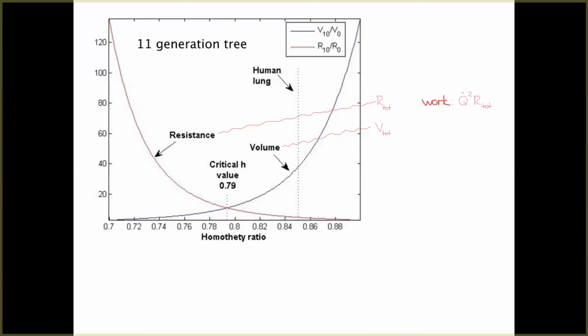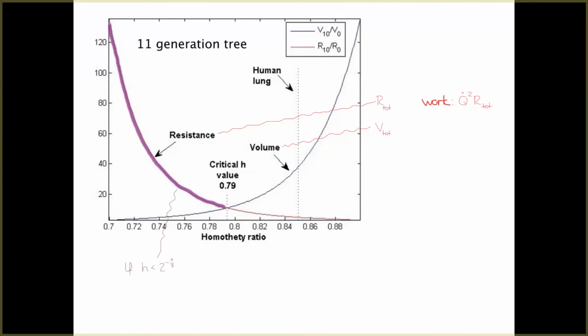Okay, so the work, just to repeat, or actually the power, is the mass flow rate to the power of 2 times the total resistance. And the goal is now to reduce, to minimize this resistance.